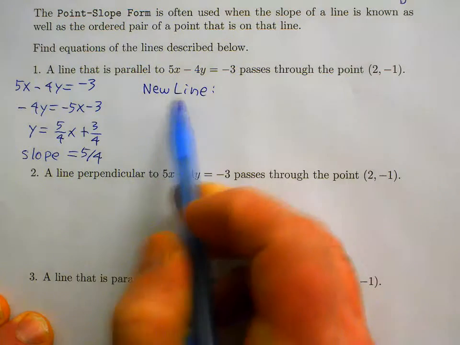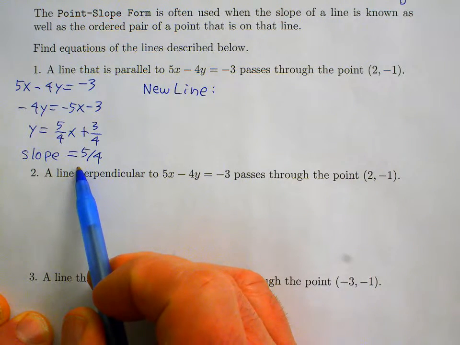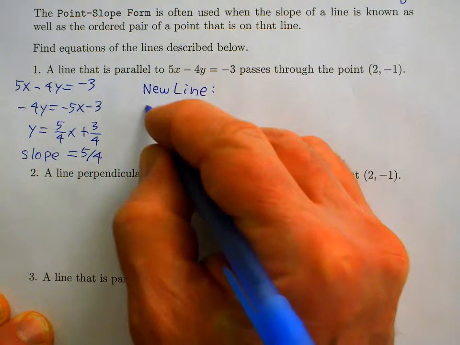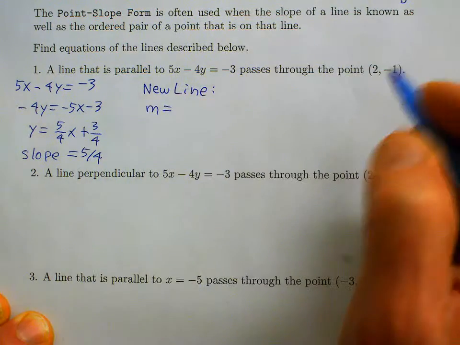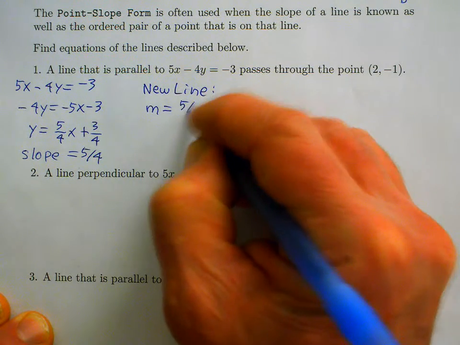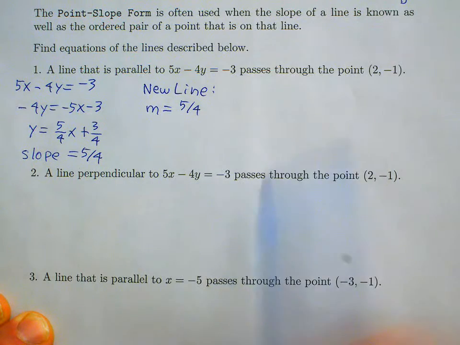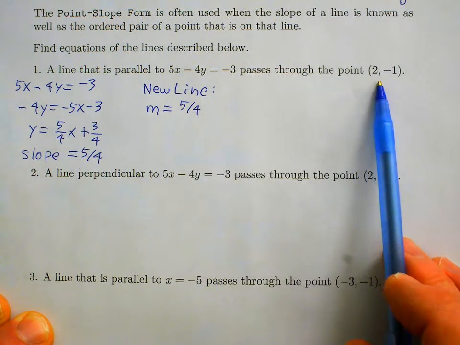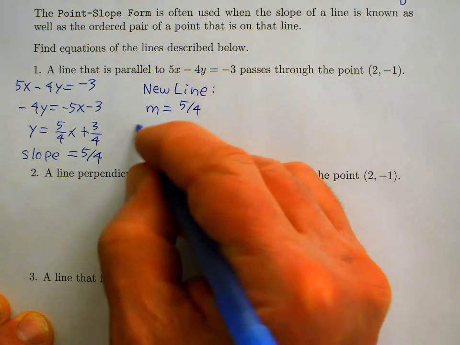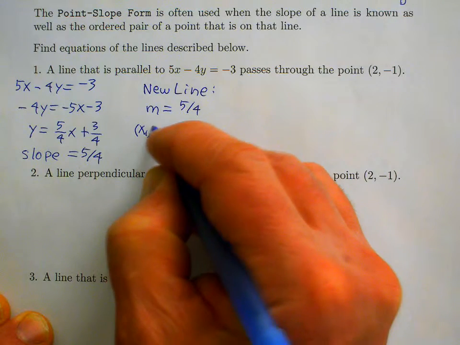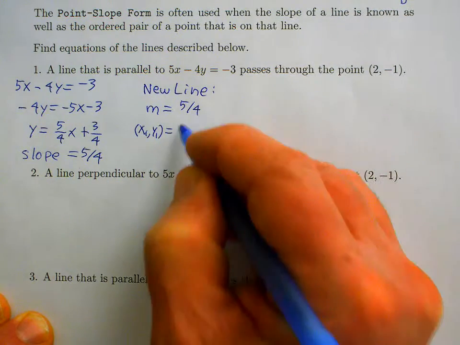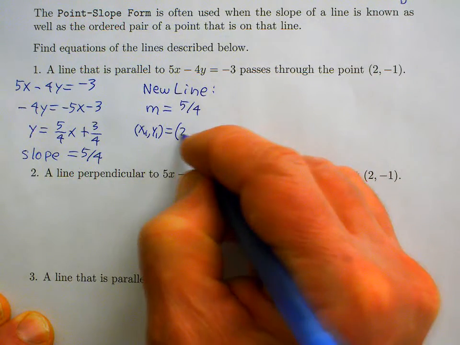The slope of the new line is the same as the slope of the given line. So the new line has slope 5/4. And the new line passes through the point 2, negative 1. So I'll just write down x1, y1 is a given point on the new line.